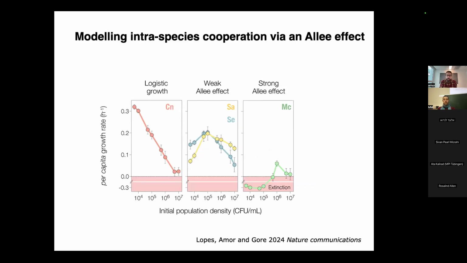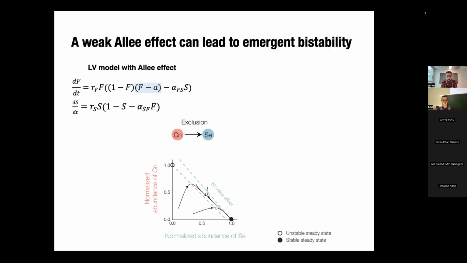Then we wondered what happens if we introduce these kinds of intraspecific interactions into the model where we have multiple species competing. What I'm showing here is the phase space for the growth of the CN species against the SE species.